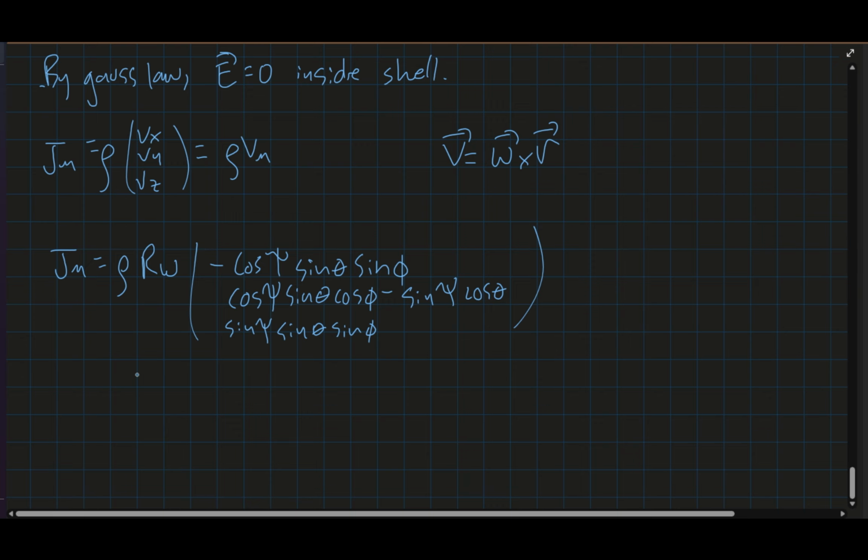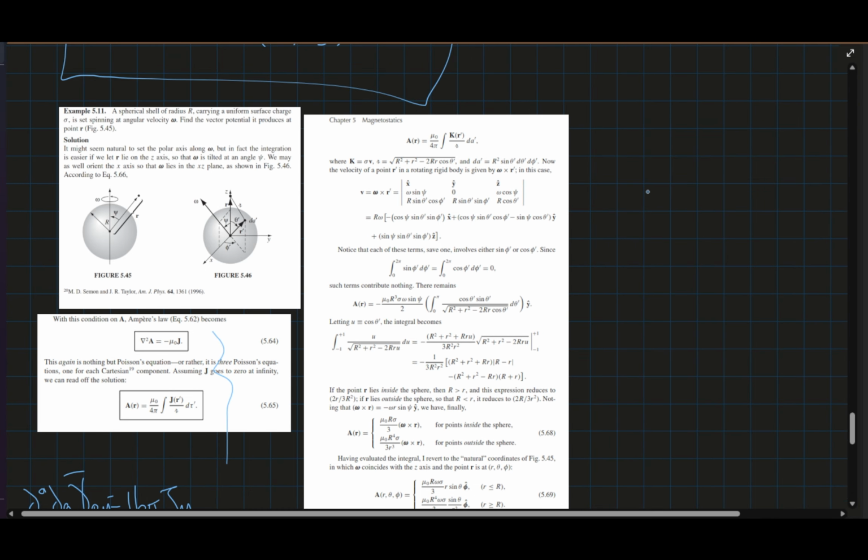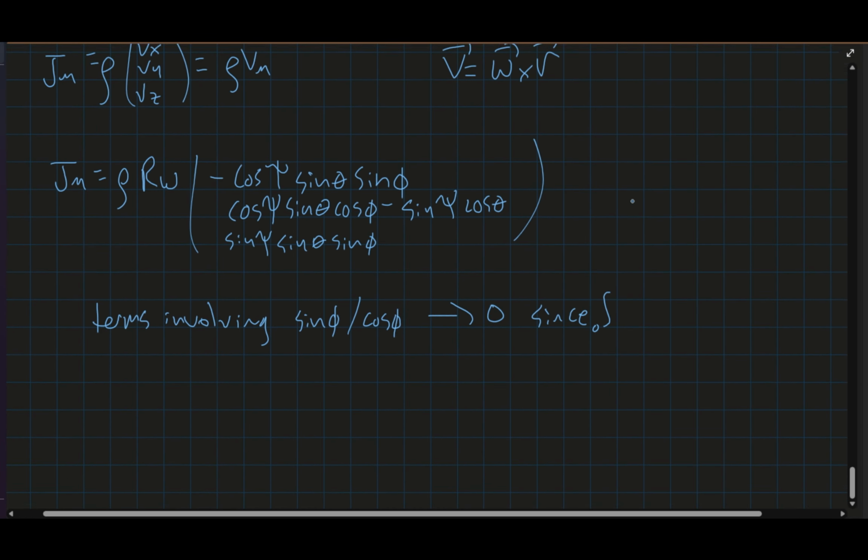And so the argument that Griffiths makes here is that we're integrating this j, and so they say that terms involving sine of phi and cos of phi go to 0, since phi is going from 0 to 2 pi.